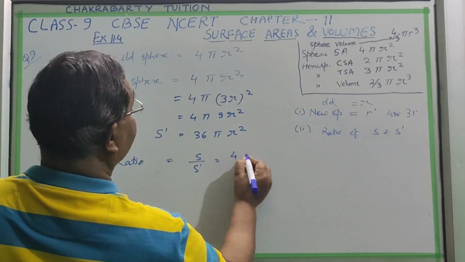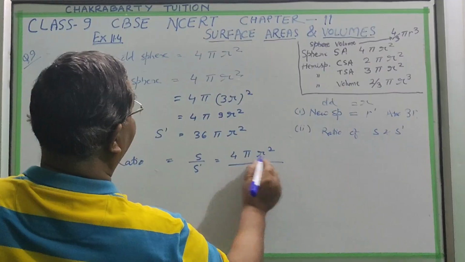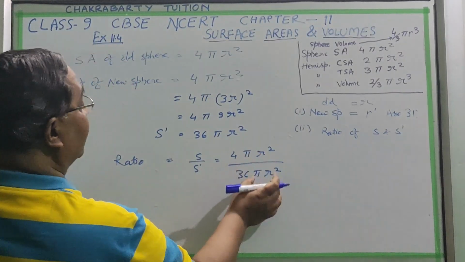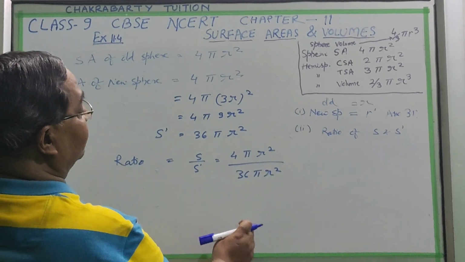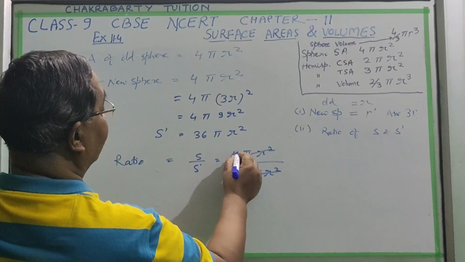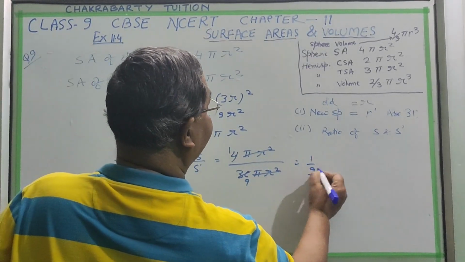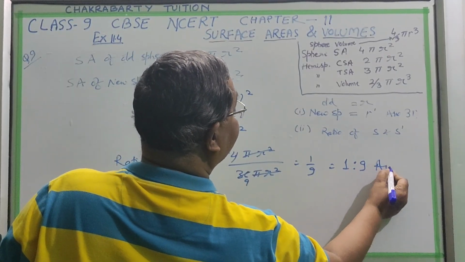S is 4 pi r square and S dash is 36 pi r square. We have not solved it so that cutting will be easy, otherwise too much calculation will be there. So it is 1 by 9. So the ratio will be 1:9. This is your another answer.